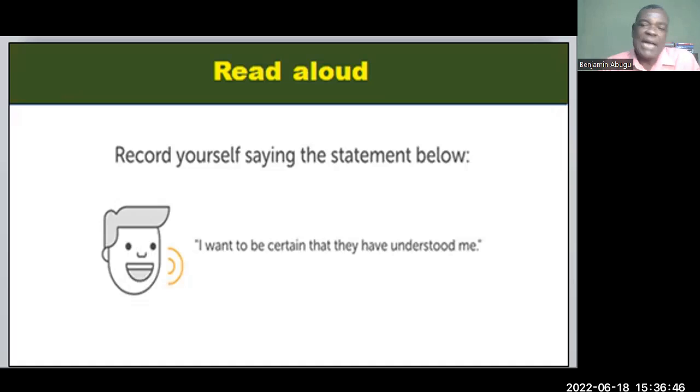Now, in addition to that, you have to watch and see if the statement you are given has certain punctuation marks, such as a comma or any other punctuation marks that will require you to pause at a point, or that can affect your intonation. For example, certain complex sentences might be spoken with what we call the combined intonation pattern, such as falling, rising, all right, or rising, falling.